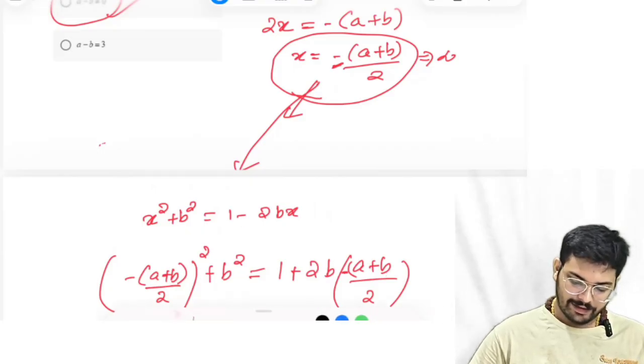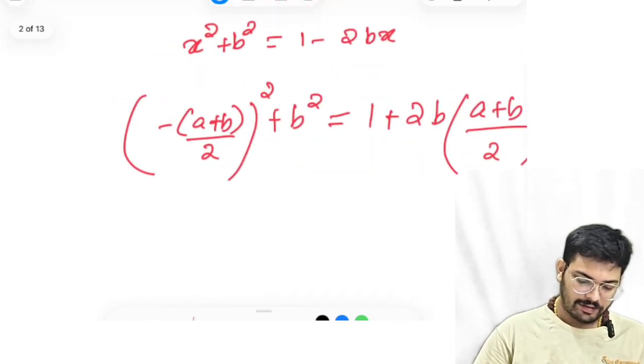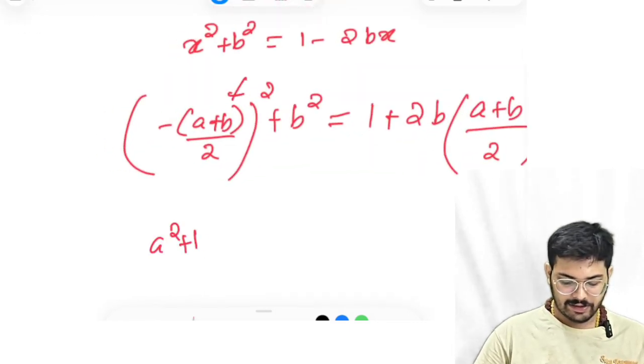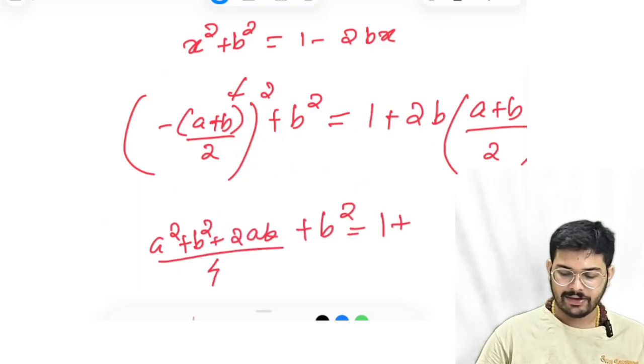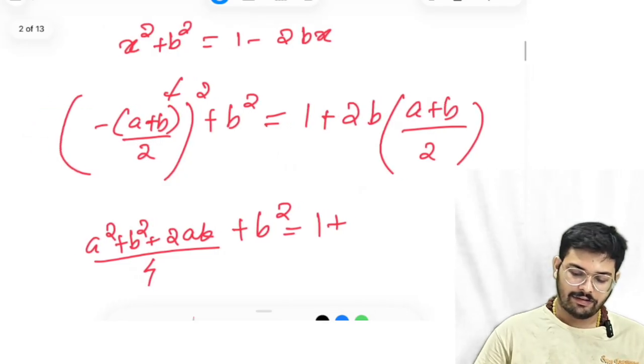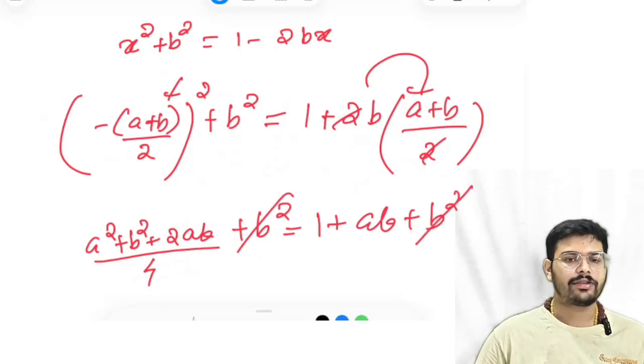Now you will simplify this value. This will be a plus b the whole square. Numerator will be a plus b the whole square, that is a square plus b square plus 2ab divided by 4 plus ab square equal to 1 plus, you can cancel this 2 over here. This 2 will be cancelled. It will be ab plus ab square. You can cancel this b square.